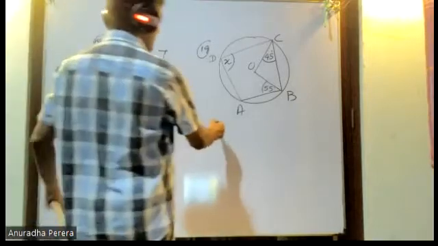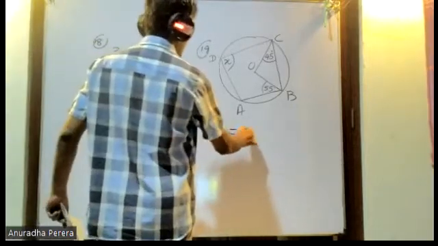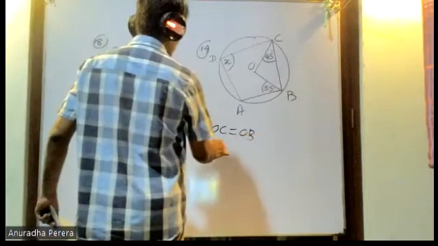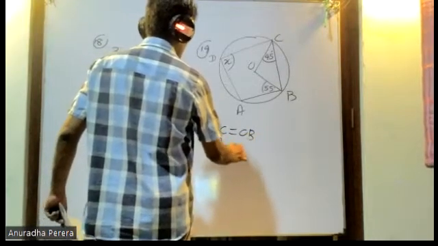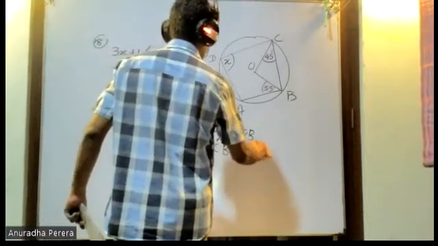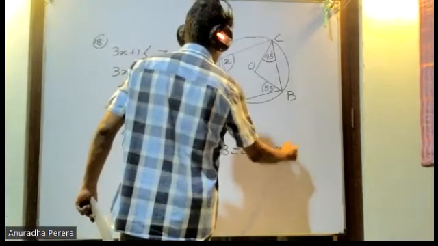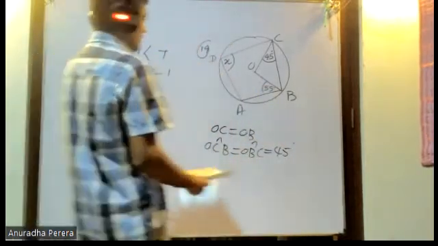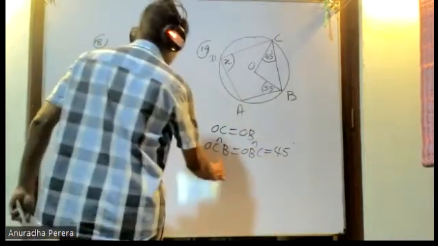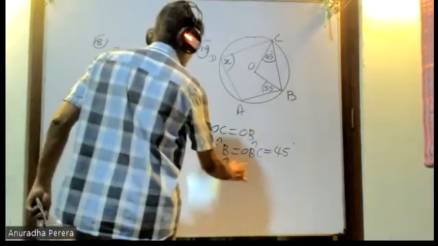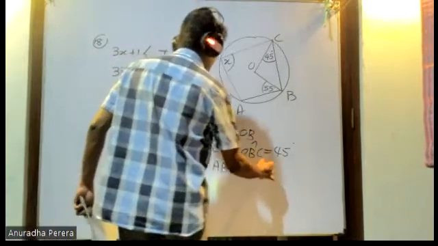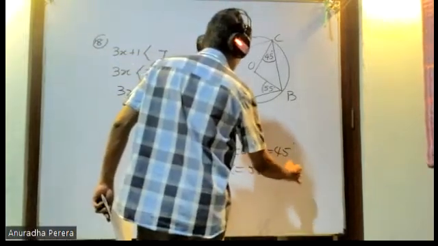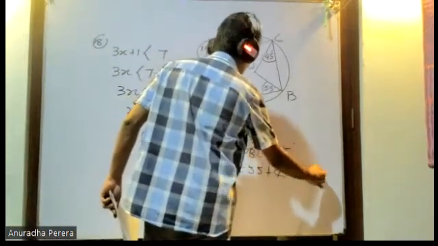You know, OC equals OB. Therefore, OCB equals OBC equals 45. Now, we can determine that ABC is 55 plus 45, which is 100.